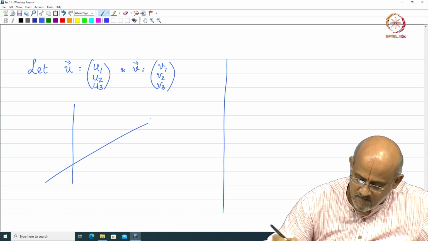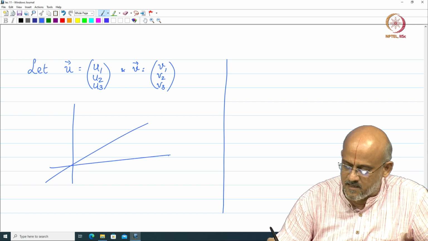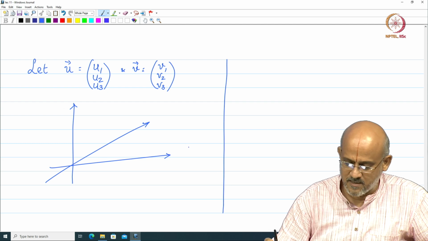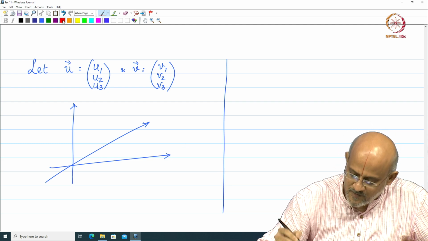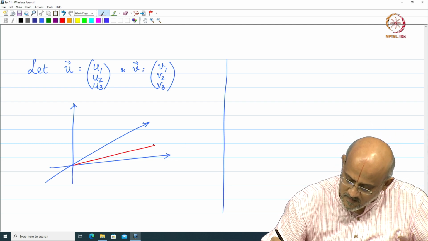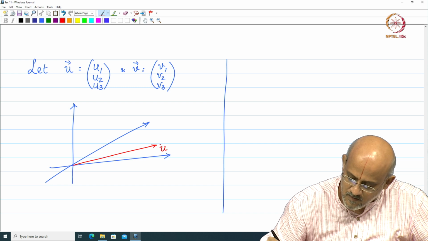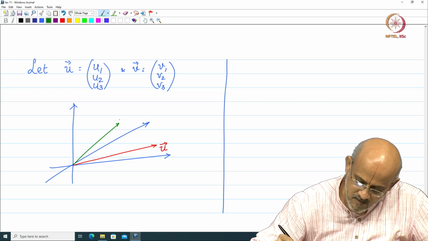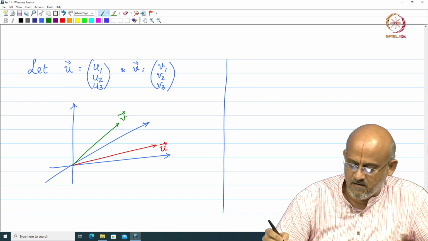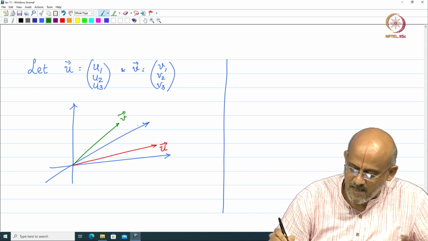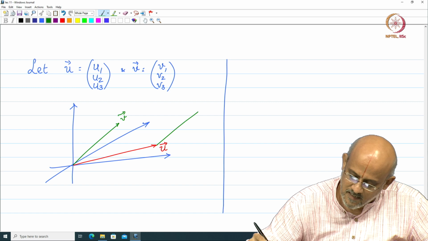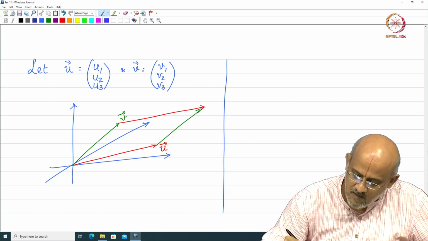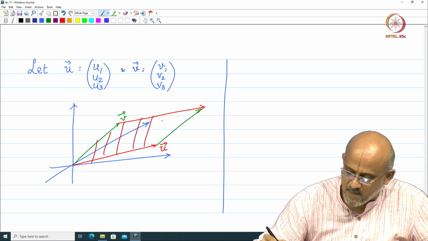So, I have my 3 axes, let us say the E1 axis, E2 axis and E3 axis. Suppose this is going to be my vector u, and let me take this to be my vector v. Basically these two define a plane, and we get a parallelogram here. Now, I want to find out what is the area of this parallelogram.